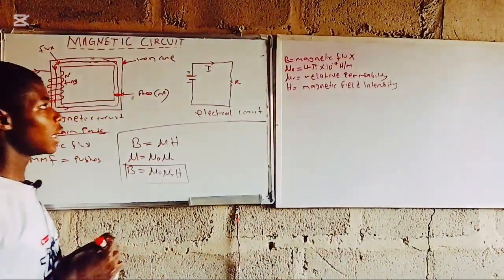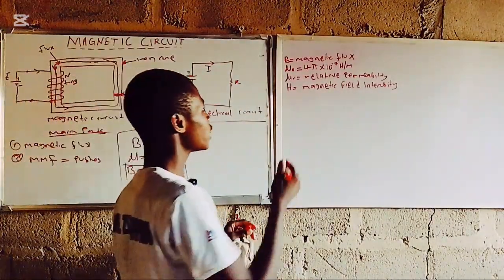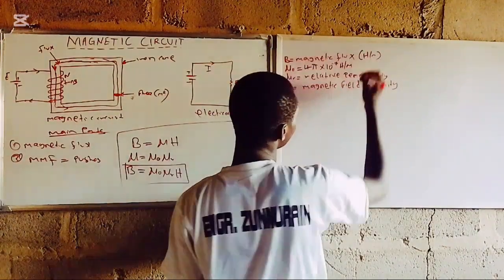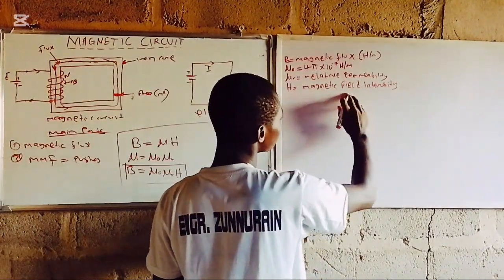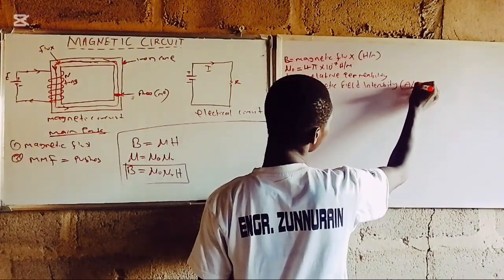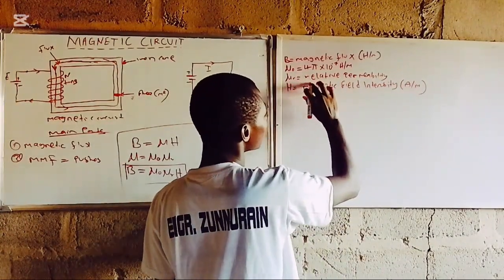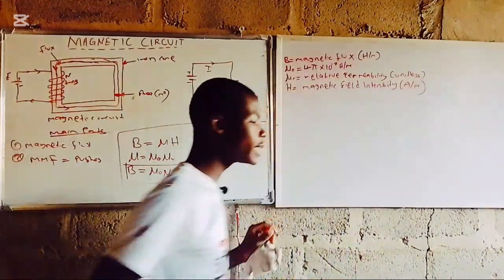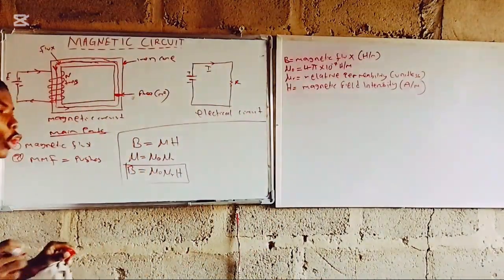So what of their units? The unit of the magnetic flux density is Henry per meter for the magnetic field intensity, whereby the relative permeability is unitless. It has no unit.